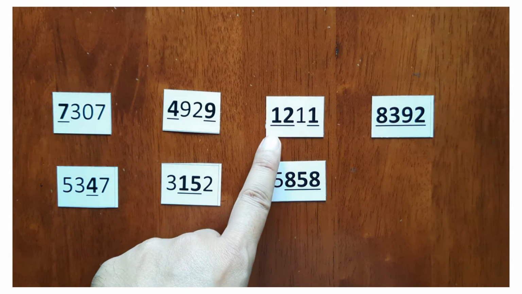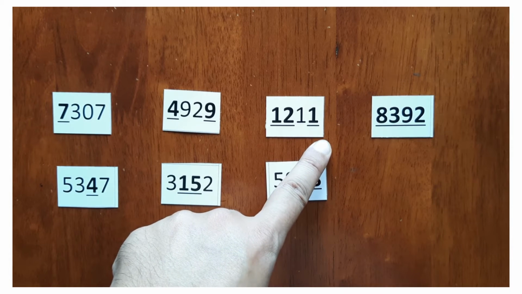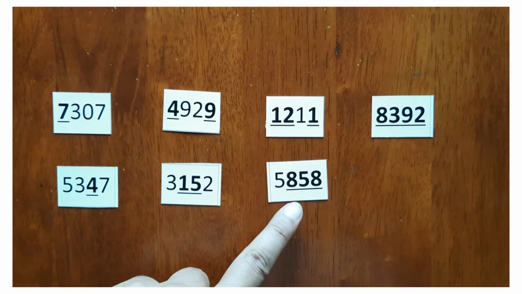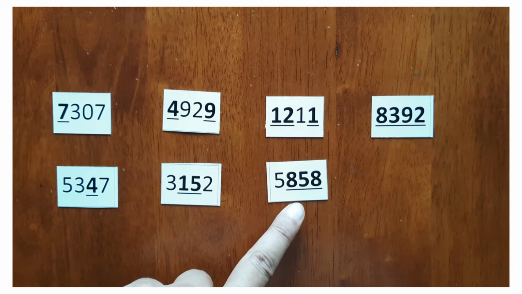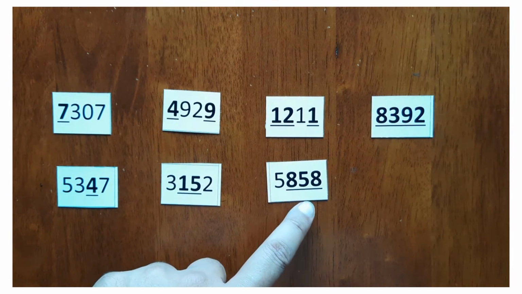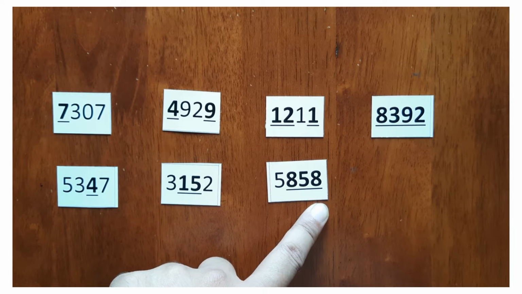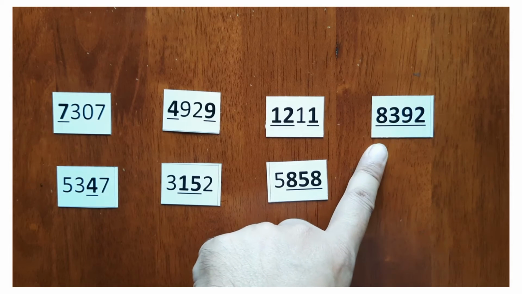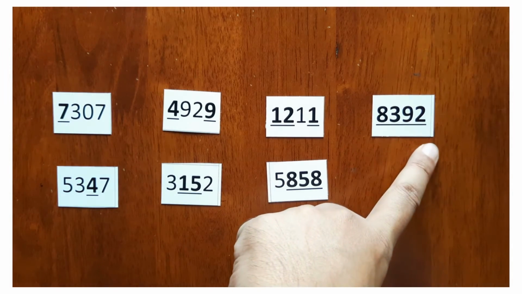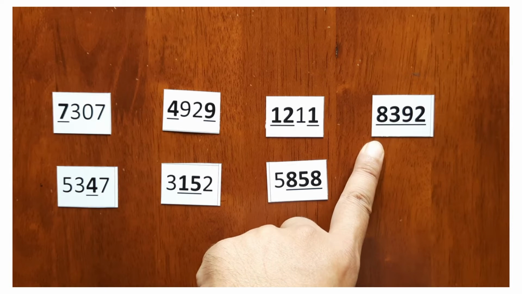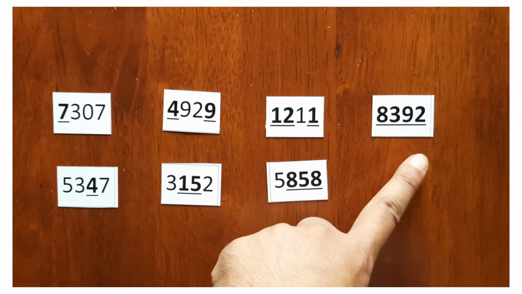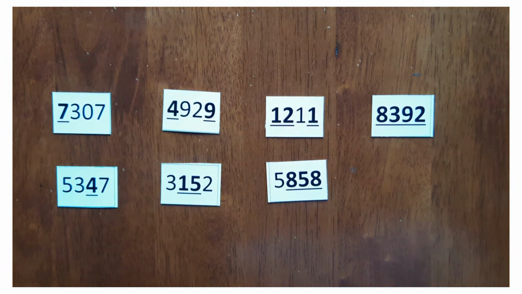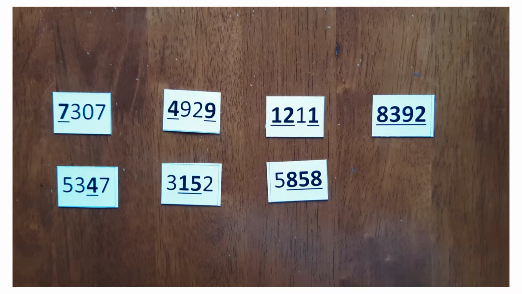In this case, thousands, hundreds and units place tokens can move forward by 1, 2 and 1 spaces respectively. In this case, the tokens in the hundreds, tens and units places can move forward by 8 spaces, 5 spaces and 8 spaces respectively. And in this case, all the 4 tokens can move forward by these many places: thousands by 8, hundreds by 3, tens by 9 and units by 2 spaces. So this is how the number tiles work, and they are crucial to the progression of the game.